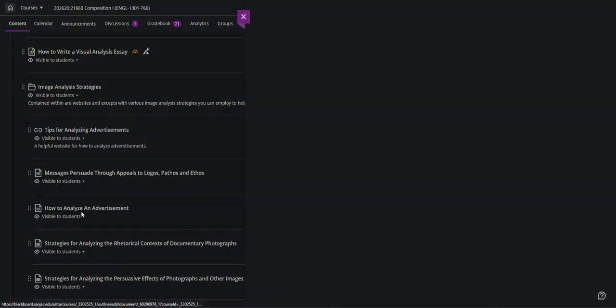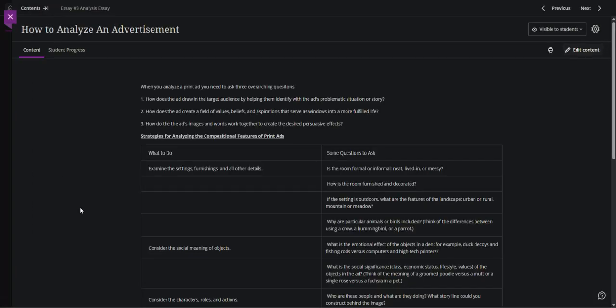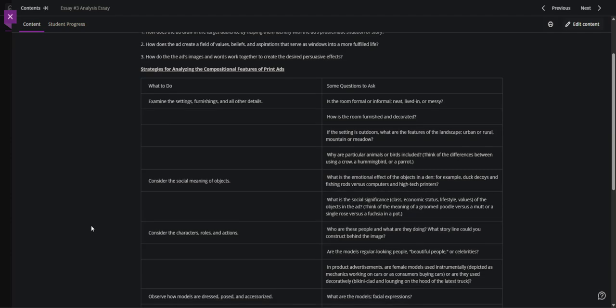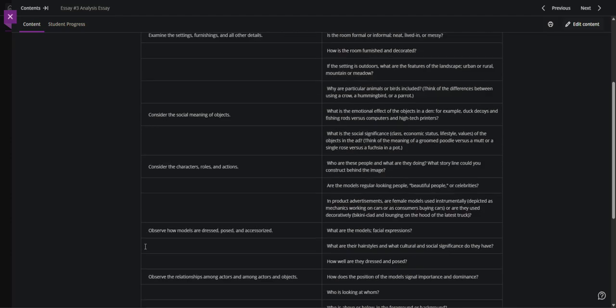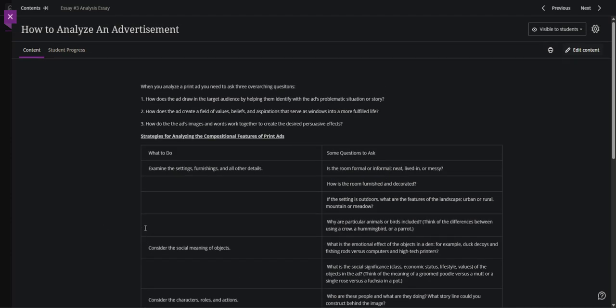Again, another how to analyze an advertisement. This one is just a different table. It says, how does the ad draw the target audience in by helping them to identify the ad's problematic story or situation? How does the ad create a field of values, beliefs, or aspirations that serve as windows into a more fulfilled life?